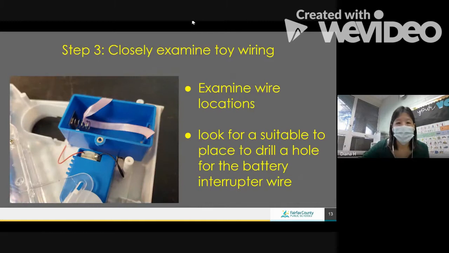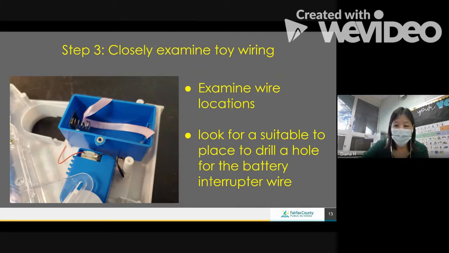All right, so step 3, you are going to closely examine the toy wiring and be sure to examine the location of all the wires and look for a suitable place to drill a hole for the battery interrupter wire. You might ask why this is important.